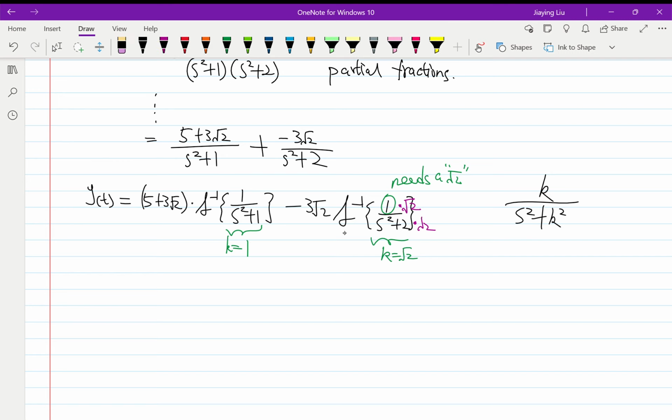The second way, in particular with this example, is that we already have a square root of 2 in front of it. We can actually just move it back into the inverse Laplace transform there, because it doesn't matter whether it's in front of the notation or inside the notation. And then from there we should be able to finish it.